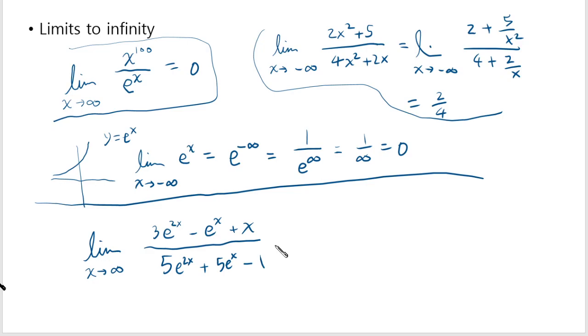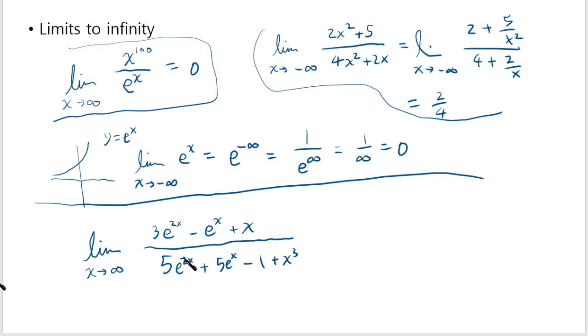In this case, exponential functions are much, much bigger than any polynomial. Let me just add x cubed to make my point. Even if you have x cubed, e to the 2x overpowers everything else.